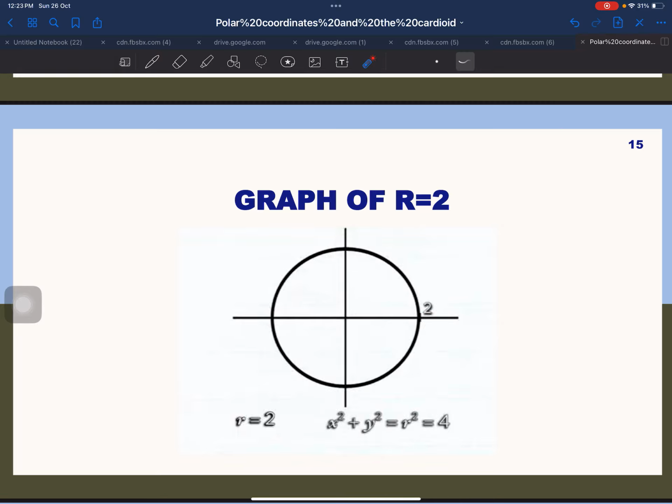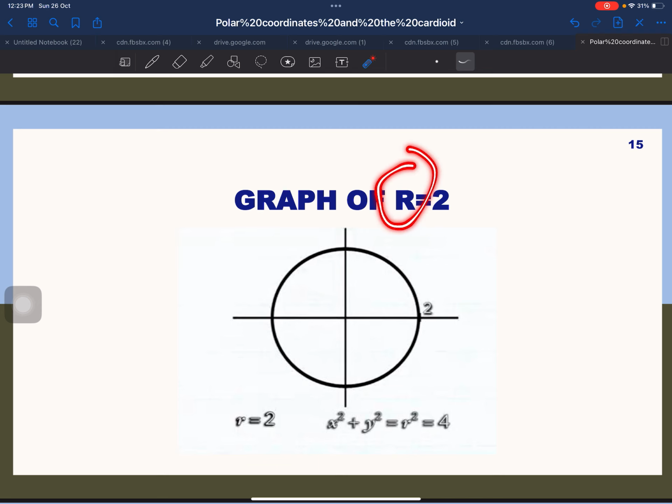So what's the graph look like? Well, it's a circle. The distance from the origin is 2 units, so it's a circle. In fact, if you square both sides, you get x squared plus y squared equals r squared, or 4.